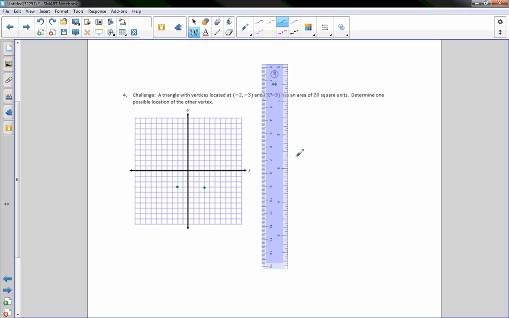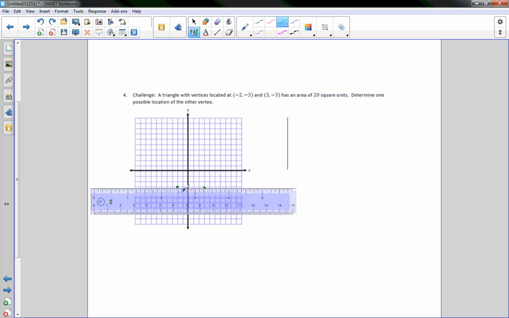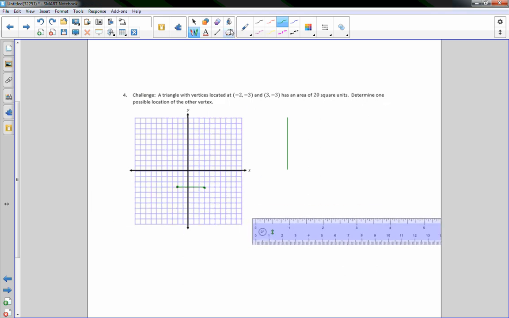Okay, so we're talking about a triangle, and we're talking about area. So I'm going to write the formula. Area equals base times height divided by 2. We know the area is 20 units squared, and that equals the base, which is 1, 2, 3, 4, 5, h divided by 2. And all I have to do is solve for h.